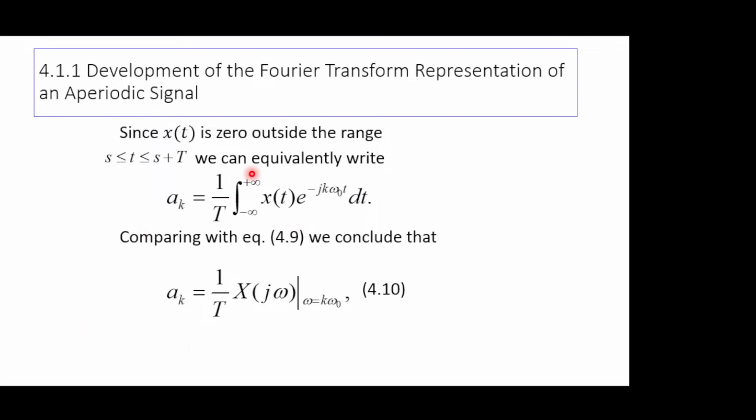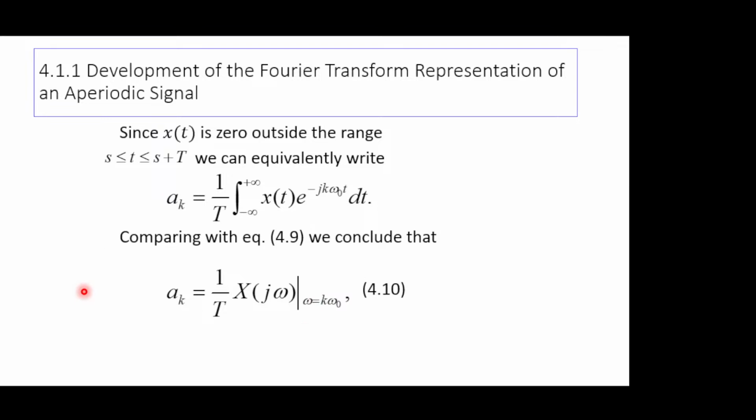And if you compare this to our definition of big X of j omega, this part is just big X of j omega, so it's just big X divided by T, evaluated at k omega naught. So we've seen this similar calculation I think twice, but now we see it the third time.